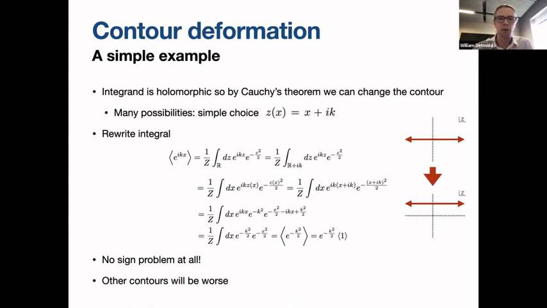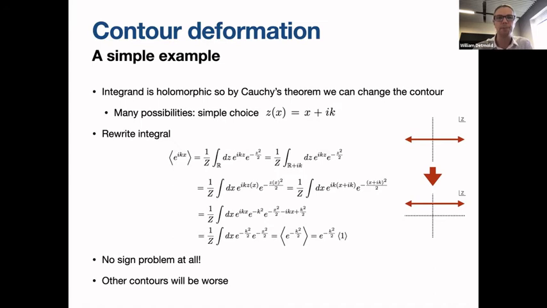So of course other contours can only be worse than this, because this one is a perfect change. For example, if I only shifted the contour to x plus ik over 2, I'll still have a sign problem, a signal noise problem, but it won't be as bad. And again, if I shifted it to 3ik over 2, I'd have a better problem than I started with, but I'd still have a problem.